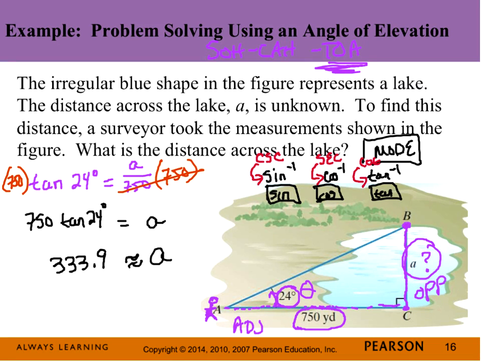So that tells us the distance across the lake, since I was solving for A there, the distance across the lake is equal to 333.9, and this is in yards. 333.9 yards. Do either of y'all have any questions about that particular problem?